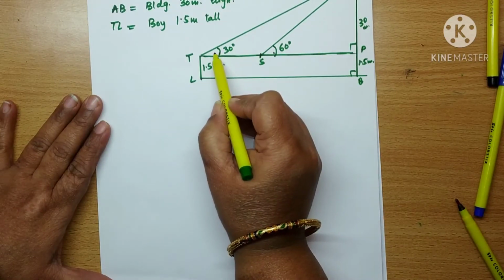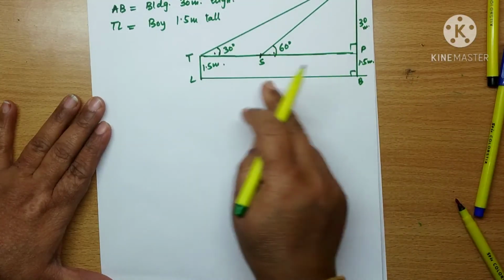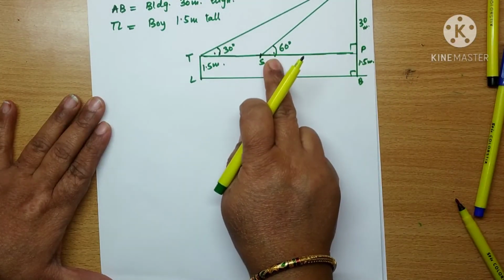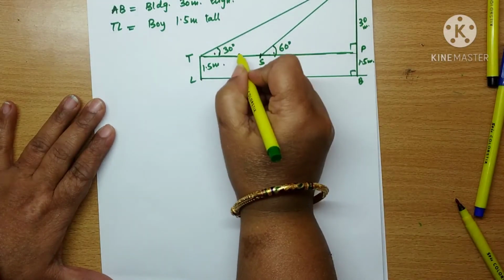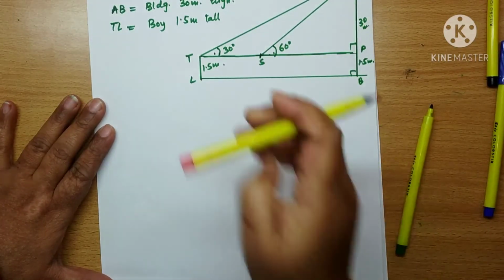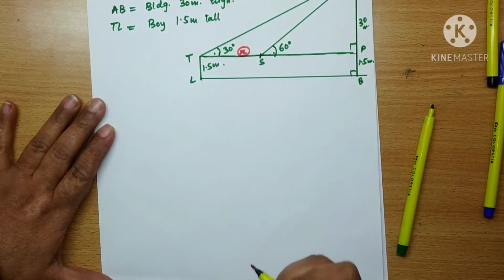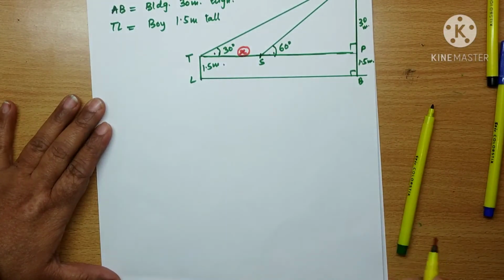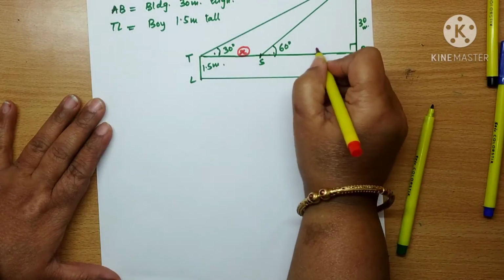This is the initial position of the boy and this is the second position after he walked some distance towards the building. We need to find the distance he walked towards the building. Let's call this distance X. We need to find TS, the distance walked towards the building. Let's call this distance Y.